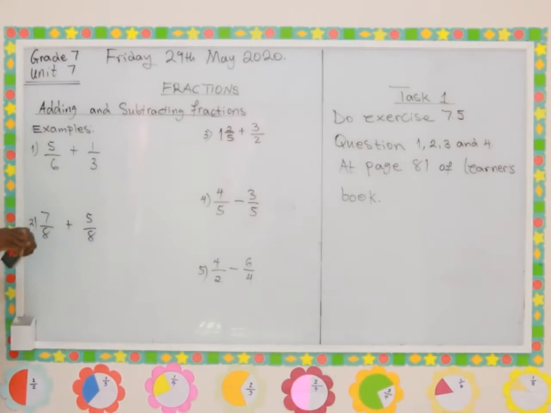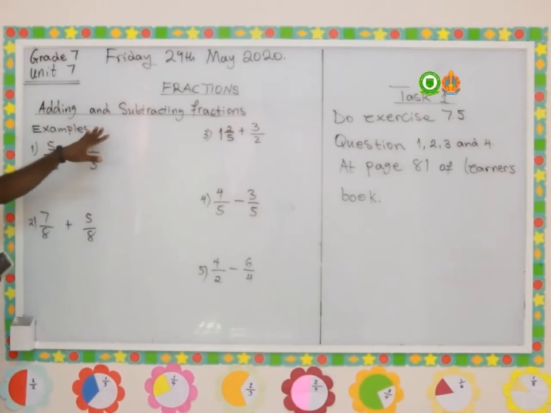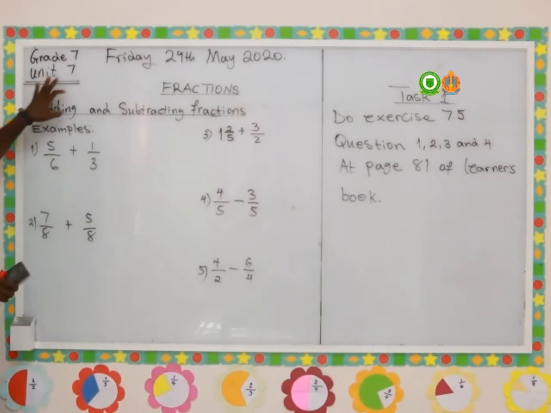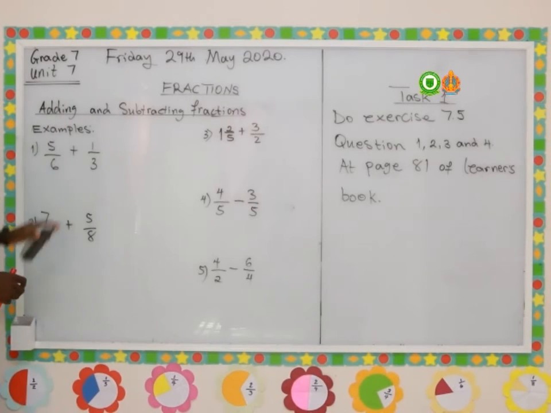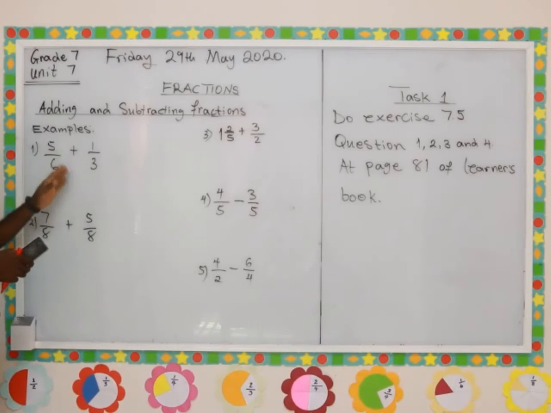So over here we have 5 examples on our board that we're going to look at. We are doing adding and subtracting of fractions, okay? We have 5/6 and then we have 1/3. We are supposed to add this fraction to the other fraction.